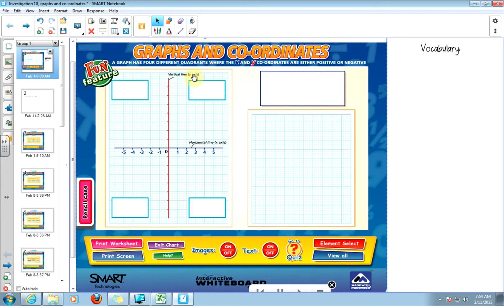To show that these lines go on forever in both directions, you can use small arrowheads at the end of each of the lines. To mark off the vertical number line, we start with 0 in the center. Positive numbers go up. And negative numbers go down.